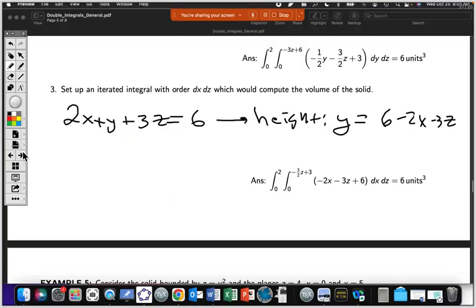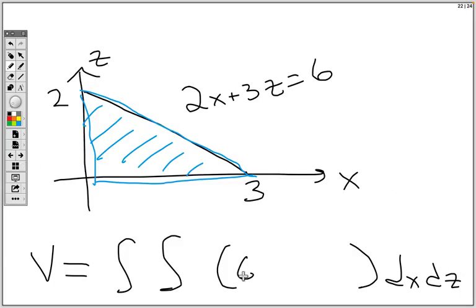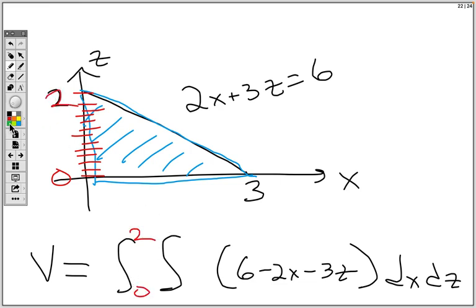We'll go ahead and put our height in there. 6 minus 2x minus 3z. If they want dx dz, once again I'm going to be chopping up the z-axis from z equals 0 to z equals 2. Now for a fixed z, I've got to figure out what the x is running between.